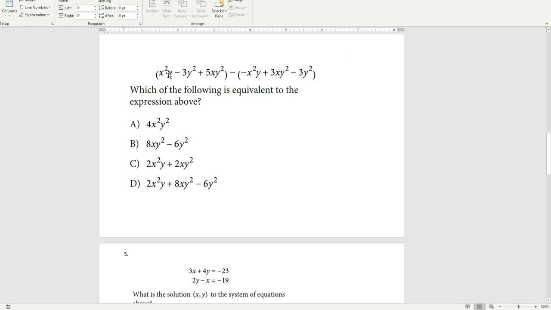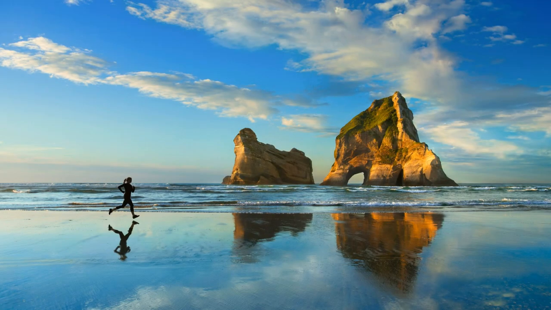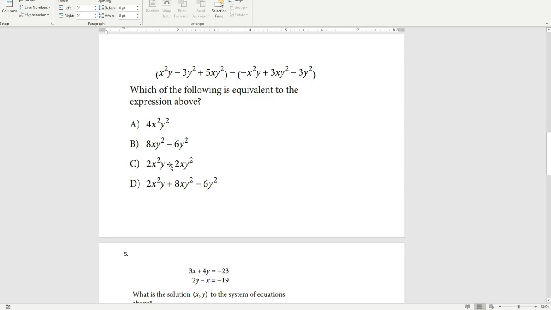Alright, next question. x squared y minus 3y squared plus 5xy squared, minus x squared y plus 3xy squared minus 3y squared. Which expression is equivalent to the expression above? After you simplify this expression, you should get the answer letter C. How to do it?